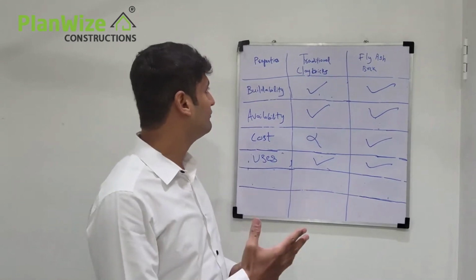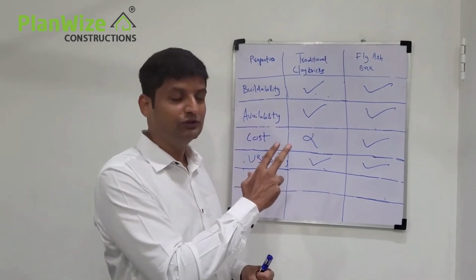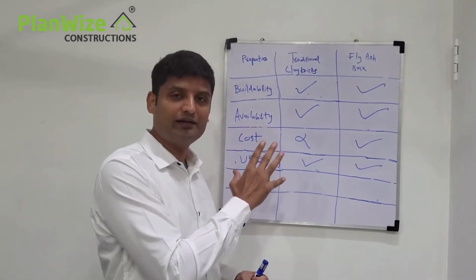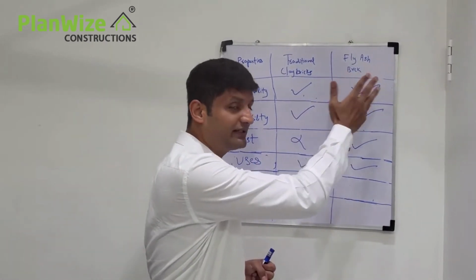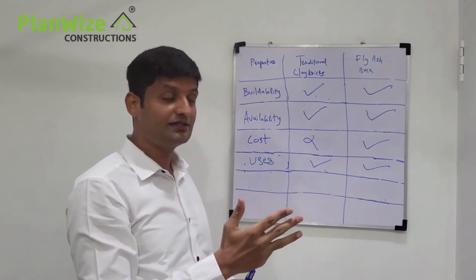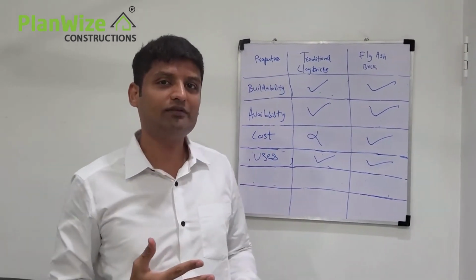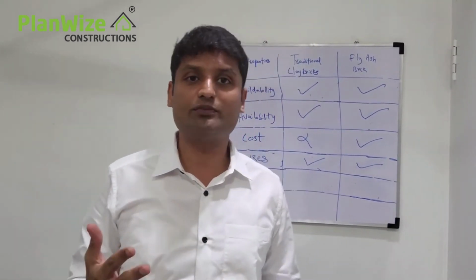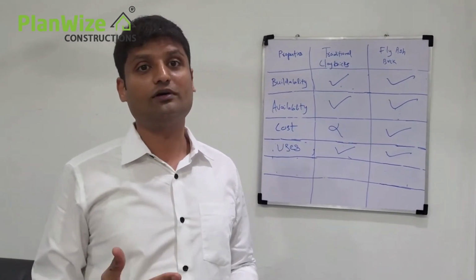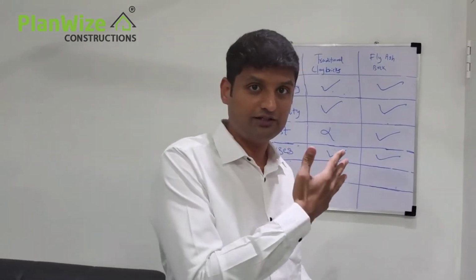So we have seen 14 of the key factors. Out of these 14 key factors, we can clearly see fly ash bricks have more advantages than the traditional clay bricks. That is why we are using fly ash bricks in most of our construction projects, and we are also recommending our clients to use fly ash bricks.